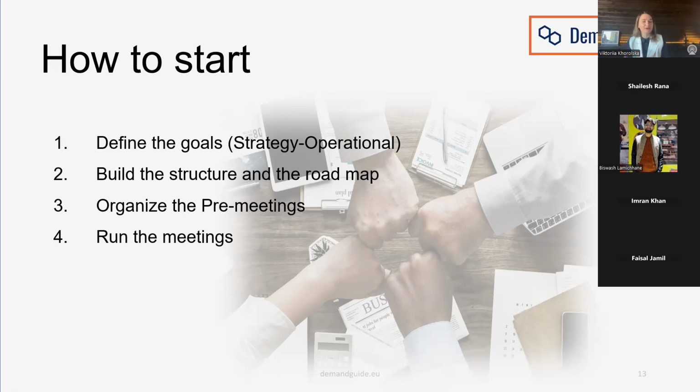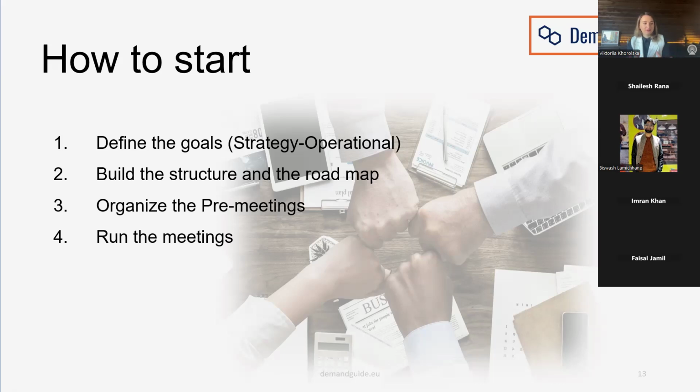It's good to have a high level of demand planning accuracy, but it's better to understand why it is so high and how it impacts profit, revenue, costs, and so on. And build the roadmap. What is the next step? What will be the first, second, third step, and so on.